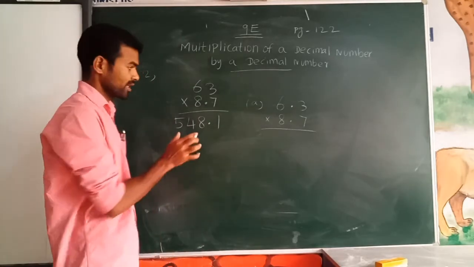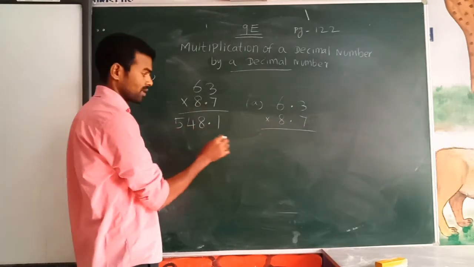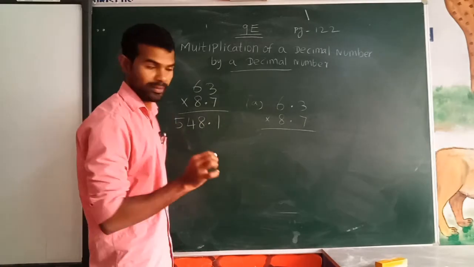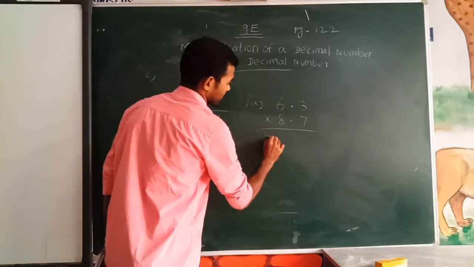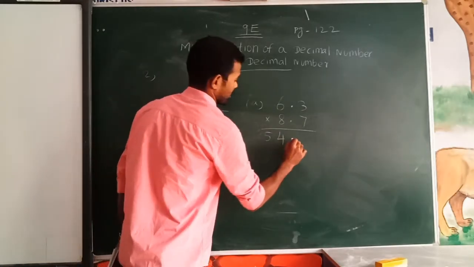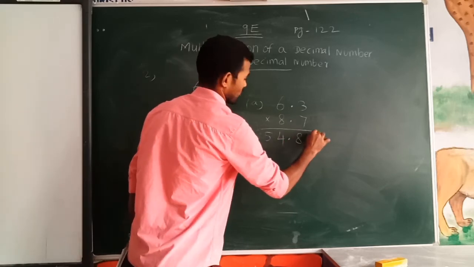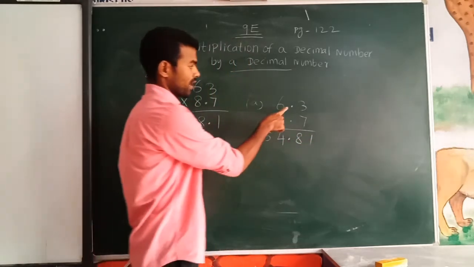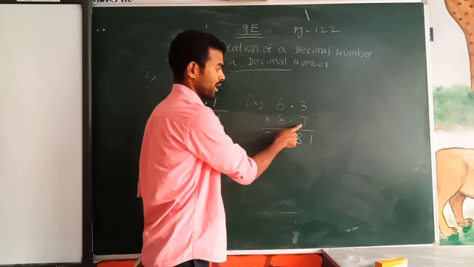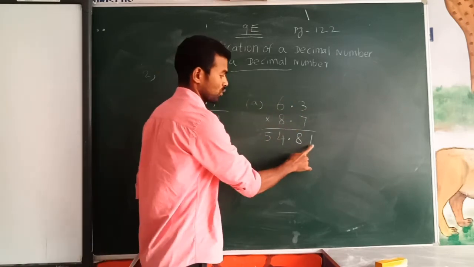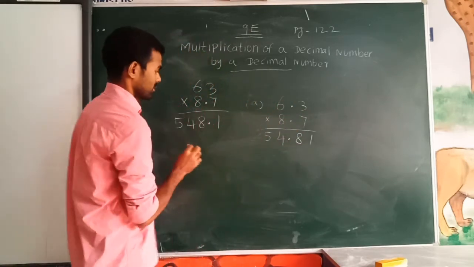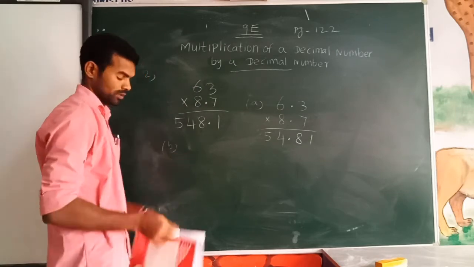So the answer is the same number only, but where to keep the point is the matter here. So 5.81. Understood now? After the point 1, after the point 1, so total 2 decimal places.